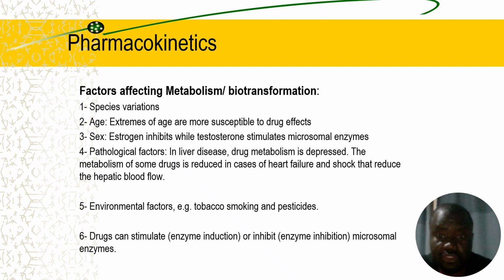Males have a lot of testosterone, which tends to increase the metabolic capacity, so the basal metabolic rate is higher in males because of testosterone. But estrogen tends to be inhibitory compared to testosterone, and so the metabolic capacity of females is less. Some diseases, in this case pathological factors, tend to reduce the metabolizing capacity of individuals, such that liver disease, for example, causes a depression in the ability of someone who is supposed to have normal metabolizing capacity.